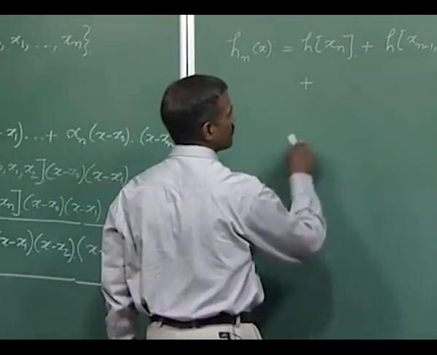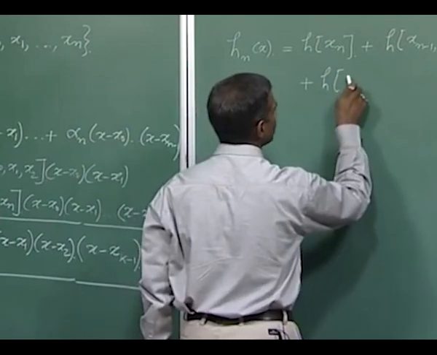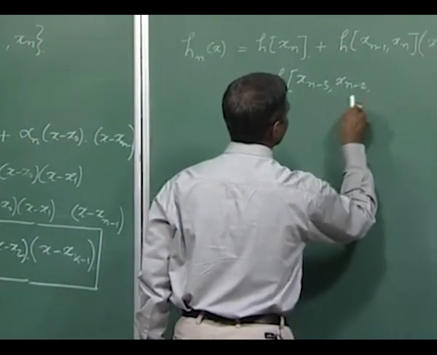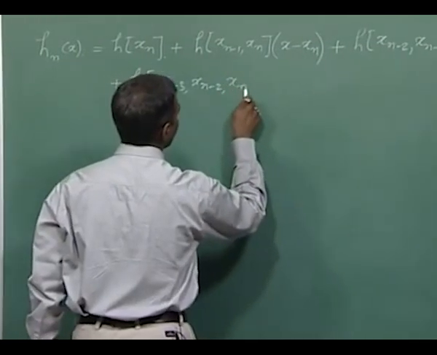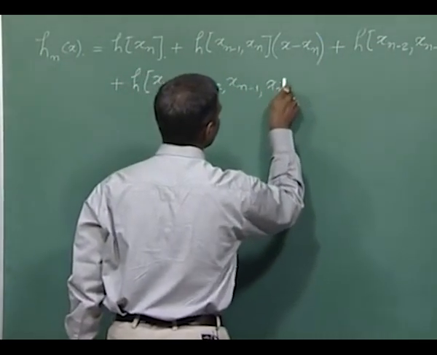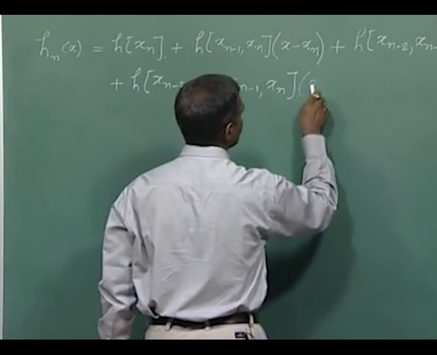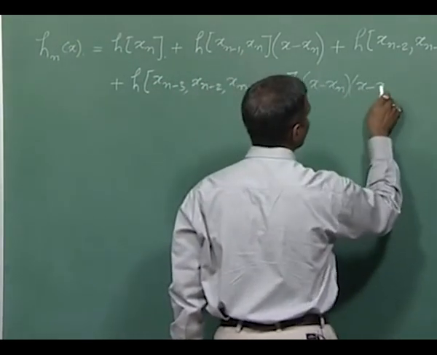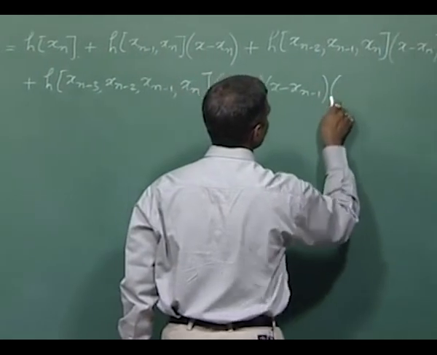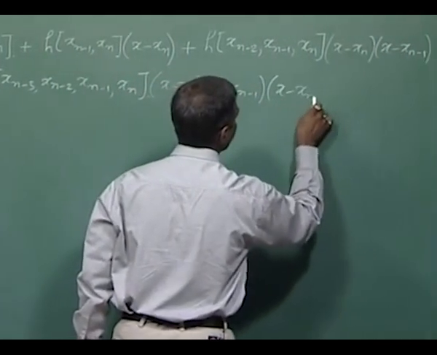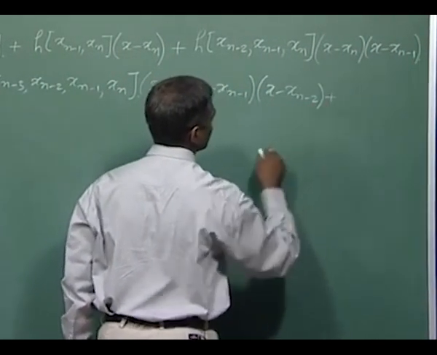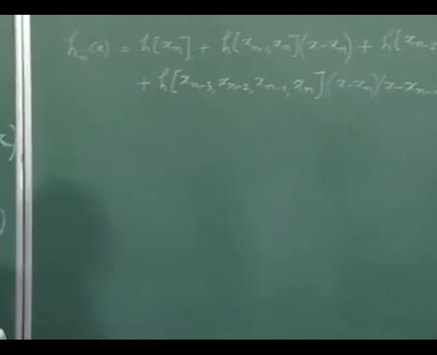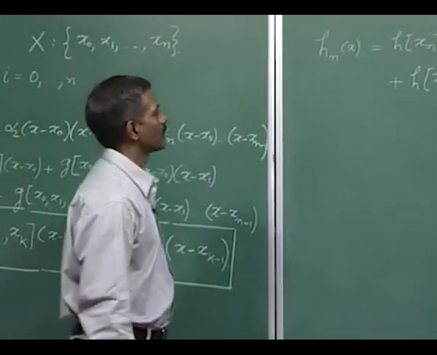Plus, let's write the fourth term as well, h of xn minus 3, xn minus 2, xn minus 1, xn times x minus xn, x minus xn minus 1, x minus xn minus 2, plus there will be some more terms, plus try to figure out what the last term here would be.